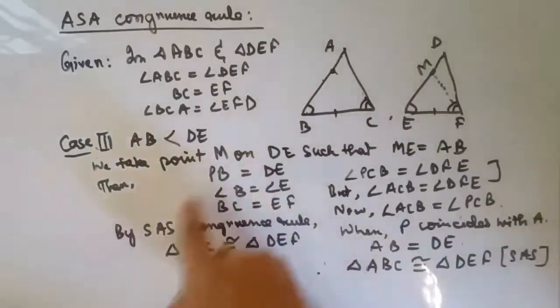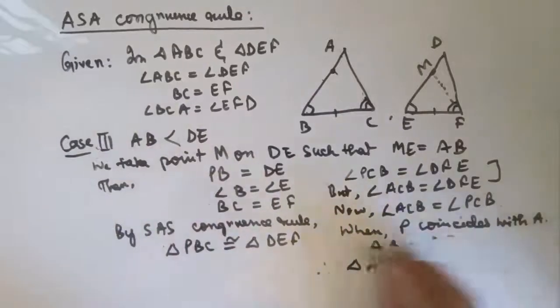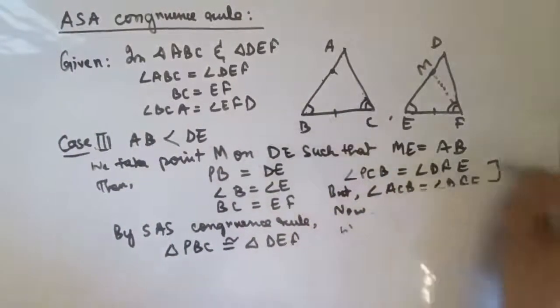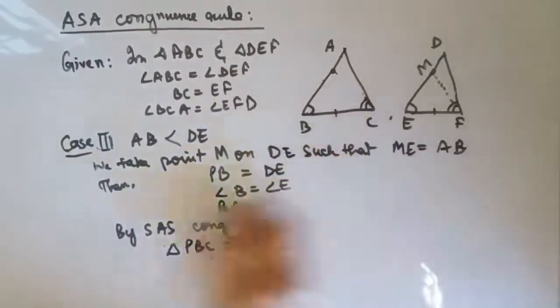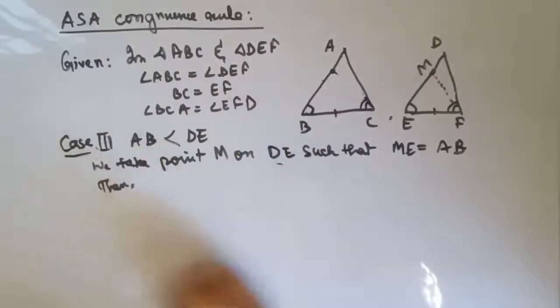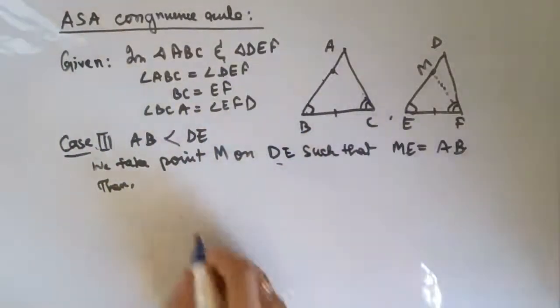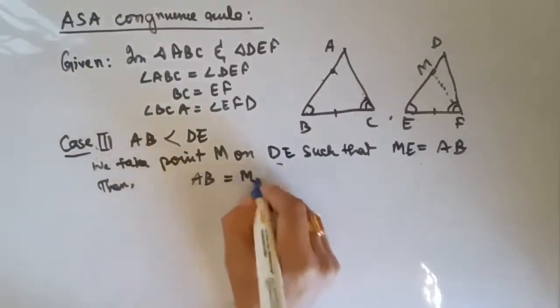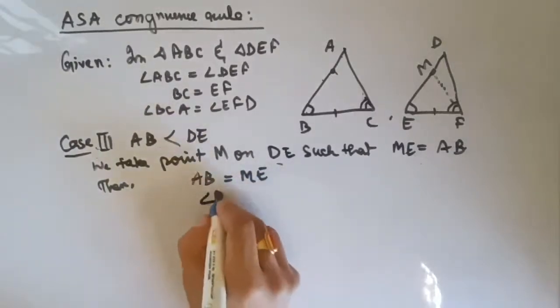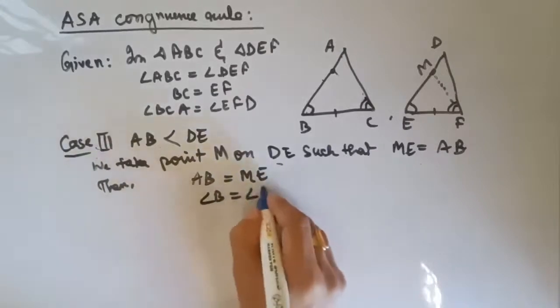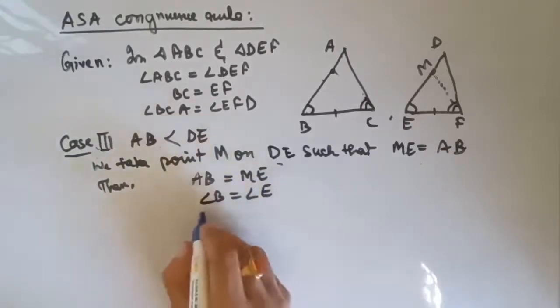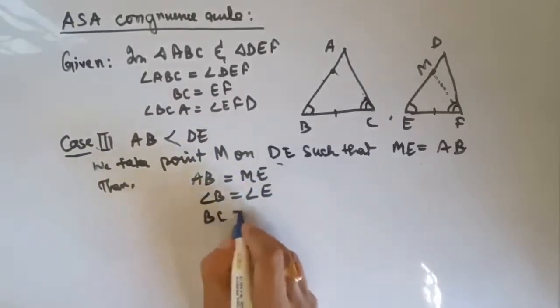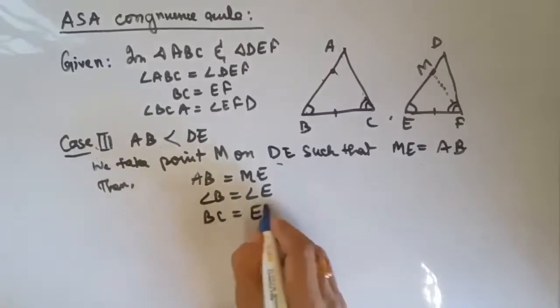We can proceed same as this argument to prove this third case. Then AB equal to ME, angle B equal to angle E, and BC equal to EF.